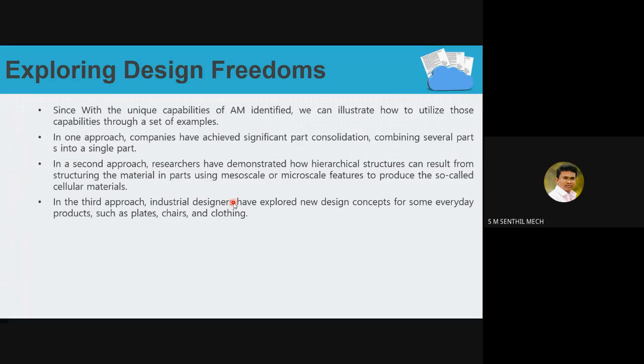If you take a long scale, you can expect it to be very sharp, flexible in the middle, and very tough at the corners. You can tailor-make the property, which is not possible in conventional processes. And in the third approach, industrial designers explored the application of additive manufacturing in day-to-day products such as plates, chairs, and clothing.